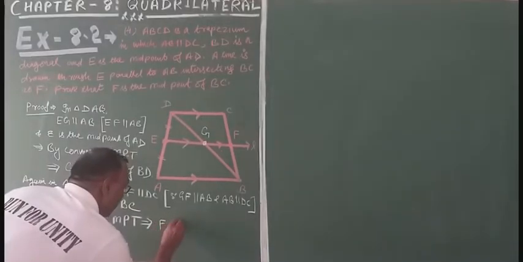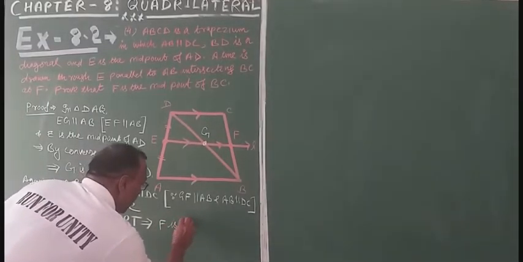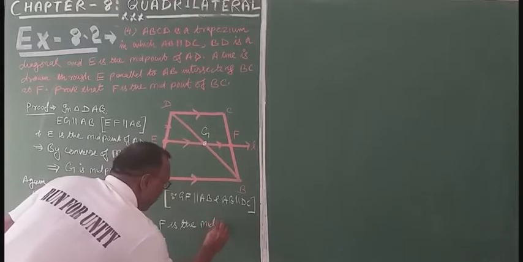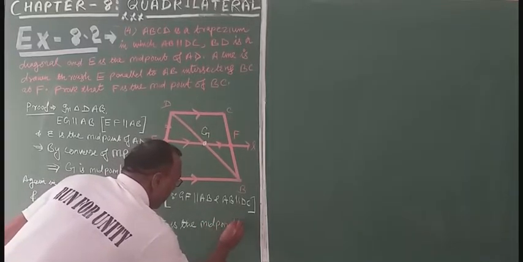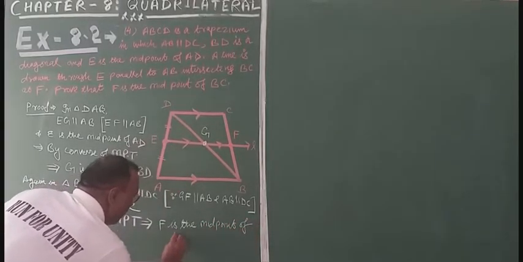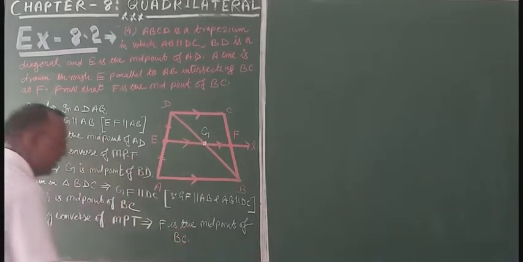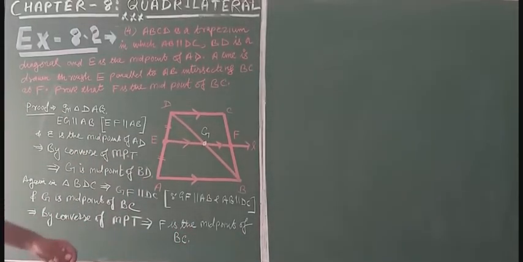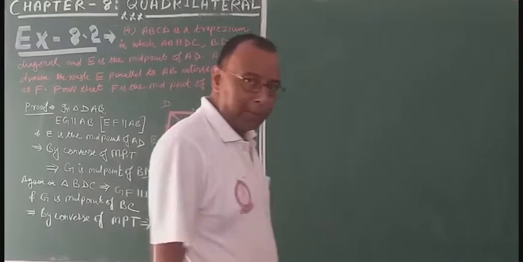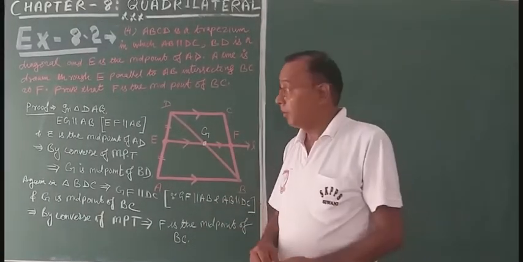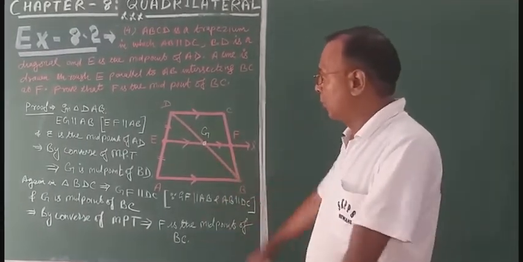F is the midpoint of BC. Is it okay? So in this way we can prove this. What have we done in this question?